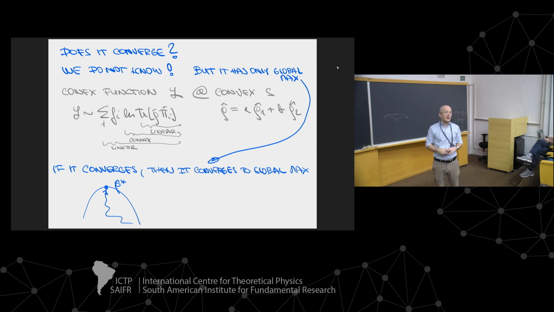So we are looking for a maximum of a convex function over the convex set, and it means there is only one maximum, and this maximum is a global maximum, which is great because otherwise we will be completely lost. So we know that if the algorithm converges, then it converges to the correct global maximum because there are no other extreme there.